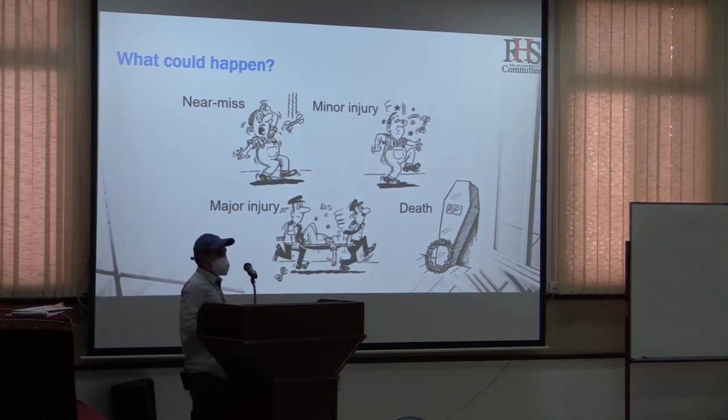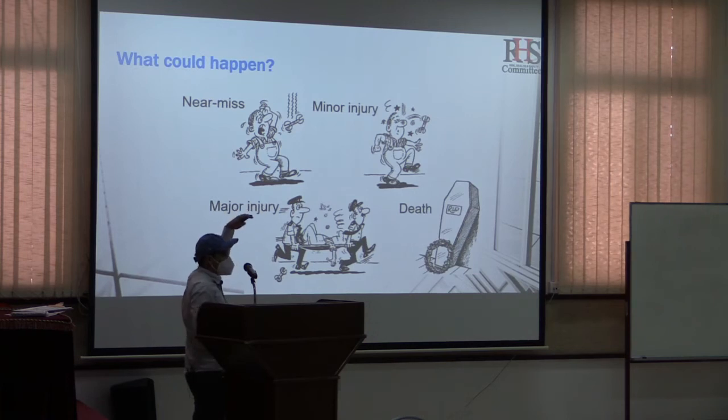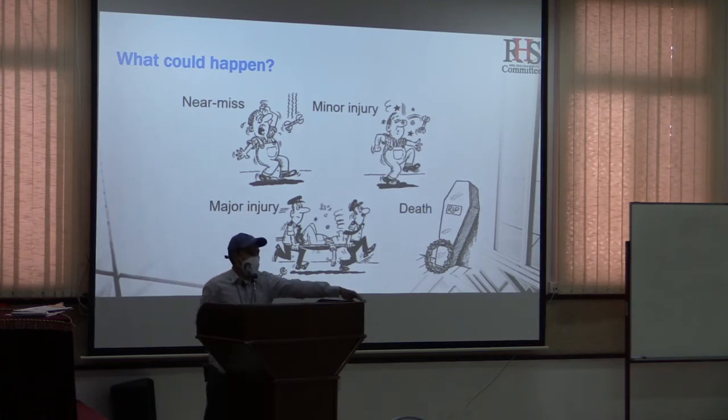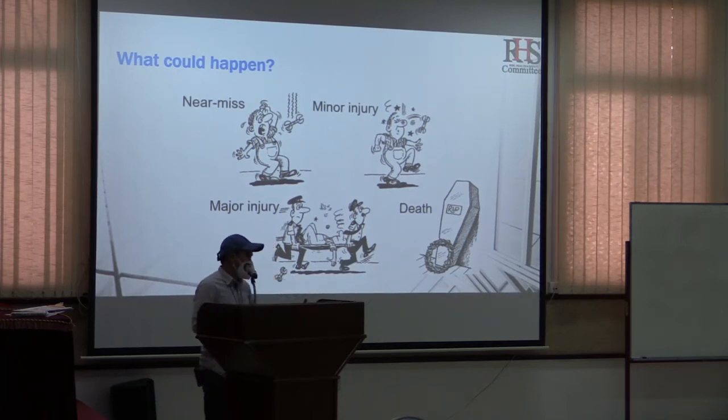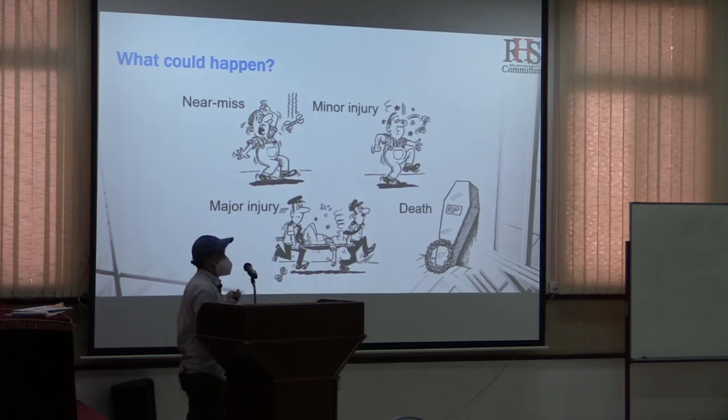The classic example is that if you have a lot of things on the shelf and it is hanging beyond the boundary of your shelf, and it fell, and it so happened that you are beside it, but you are not harmed, it is a near miss.